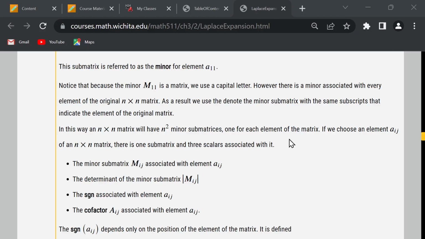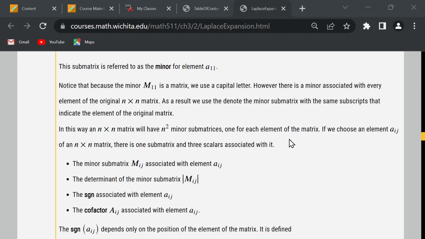Now our notation is getting really complicated because we have matrix capital A, we have submatrices minors, capital Mij, and now we also have Aij. So we're using the same capital letter as the original matrix, but we're telling you that it's a cofactor because we're giving it subscripts. And the cofactor is a scalar, even though it's a capital A.